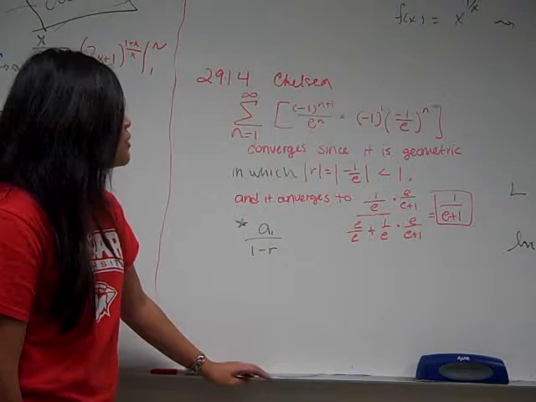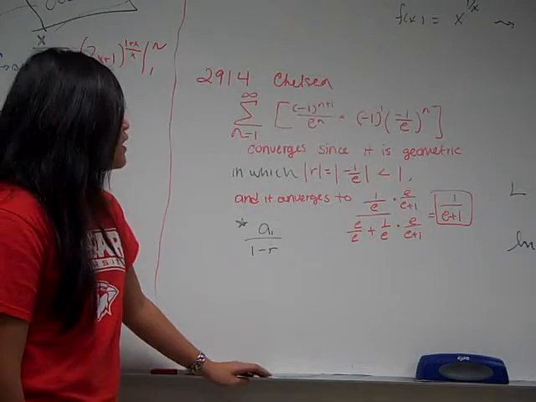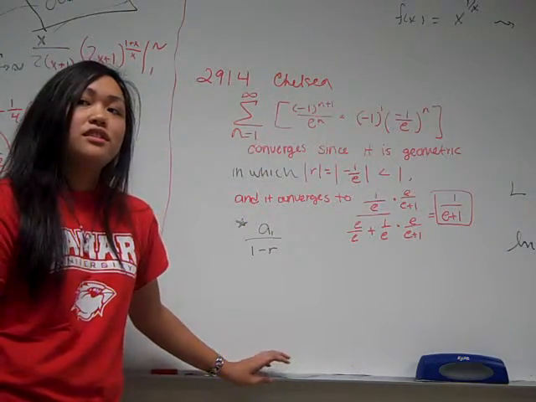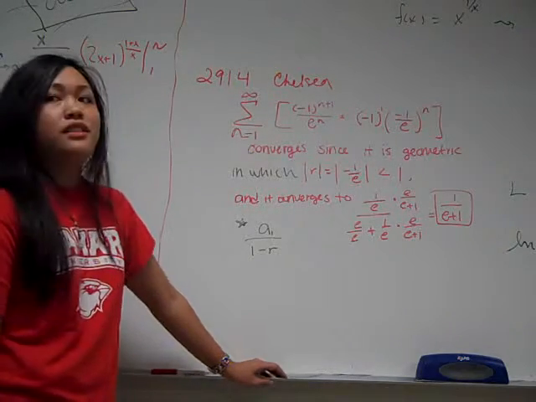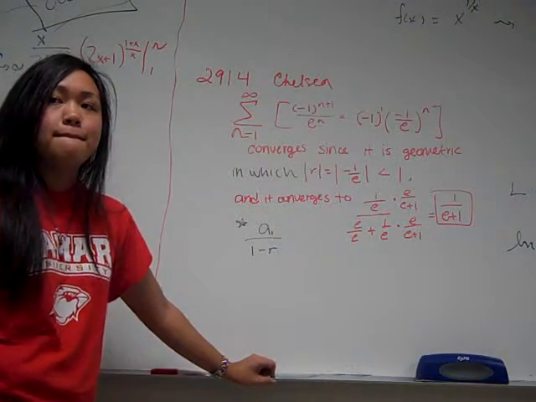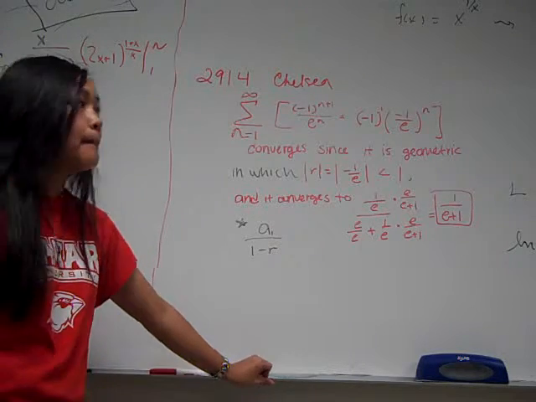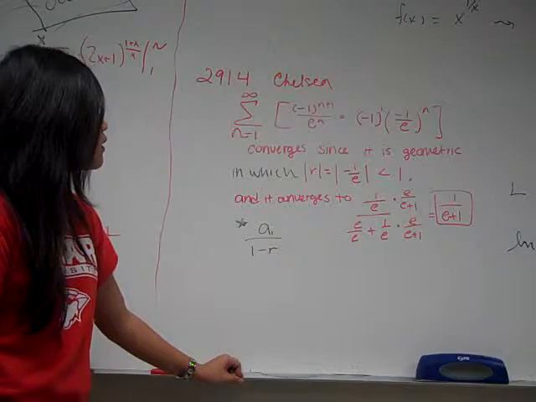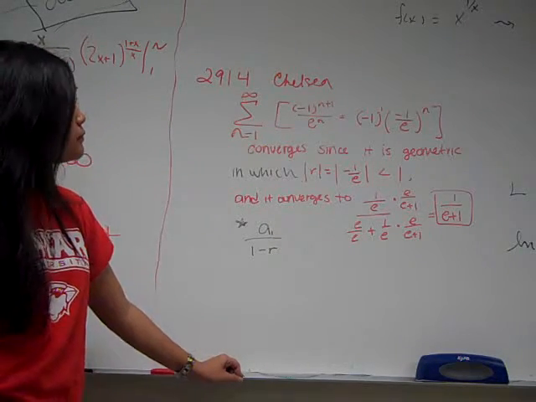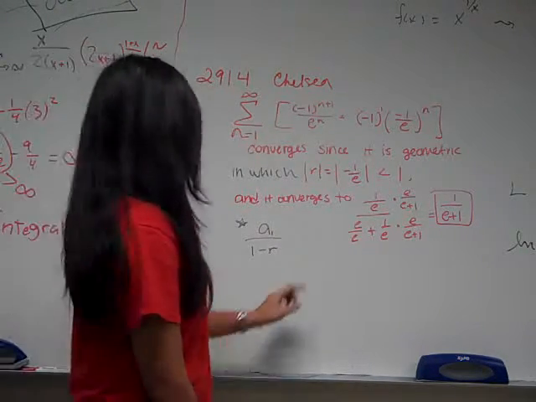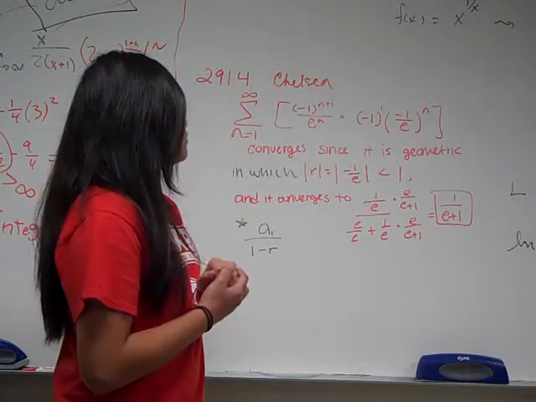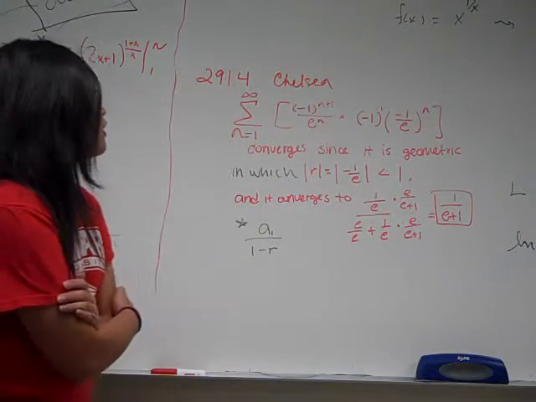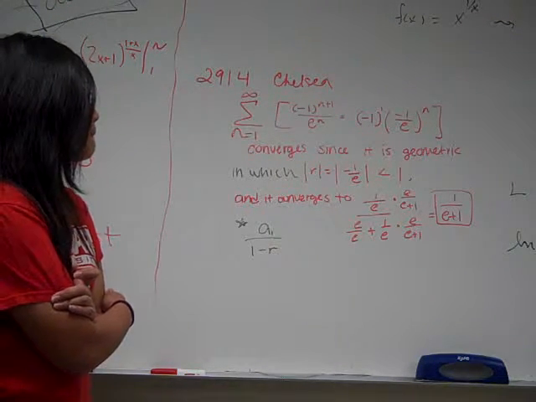Yeah, and if I do the nth term test, it would go to 0. And since it's alternating, we can actually do the alternating series test, I guess. You could do the alternating series test. So let's see, you've got -1 to the n plus 1 over e to the n, and then I took out -1 to the 1, to make it negative, the whole thing to the n.